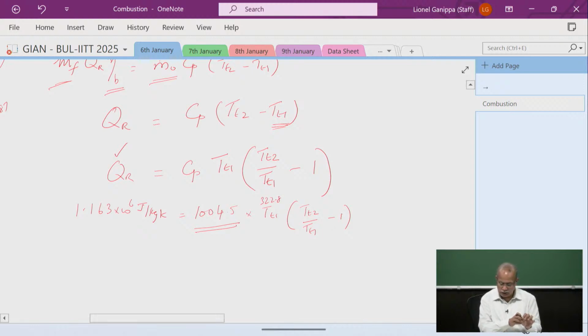So what is the unknown here? TT2 by TT1 is the unknown here. Now calculate and tell me what is this value, TT2 by TT1.